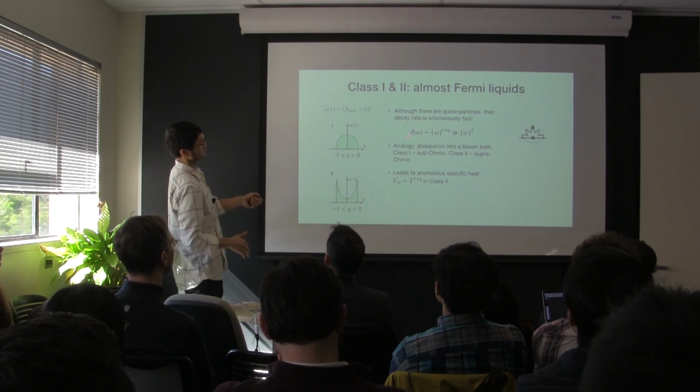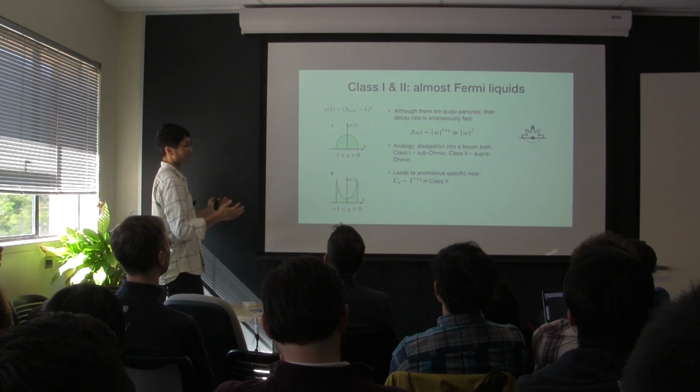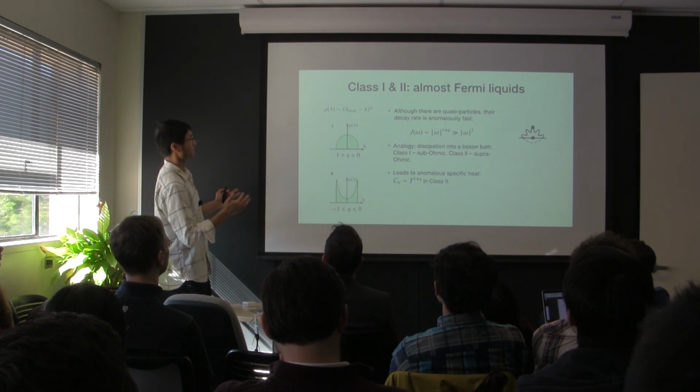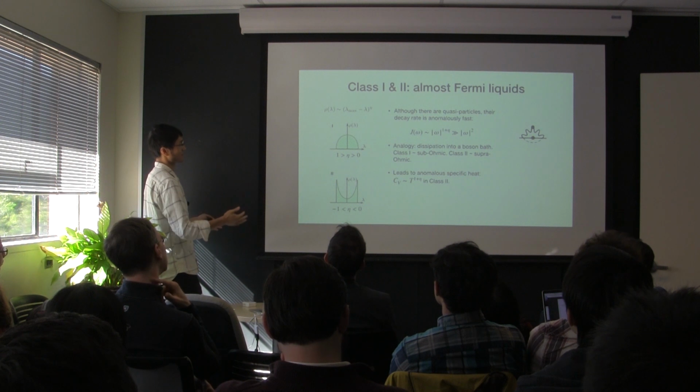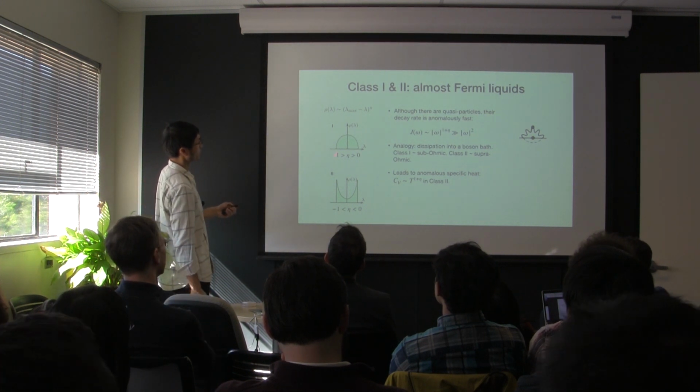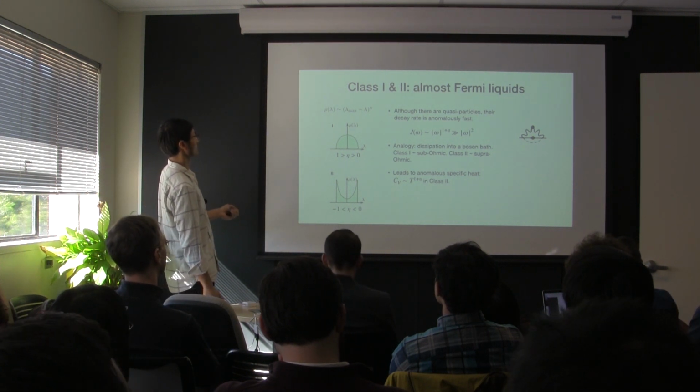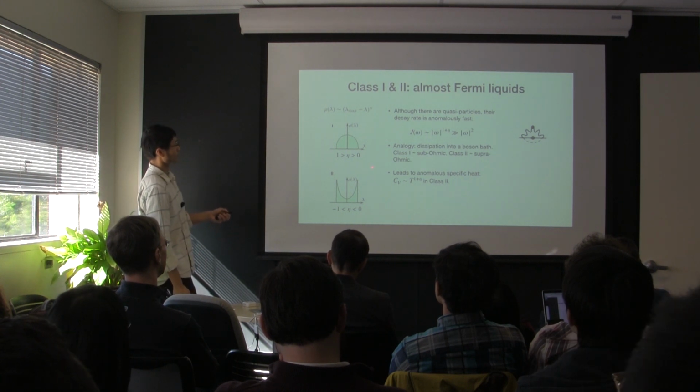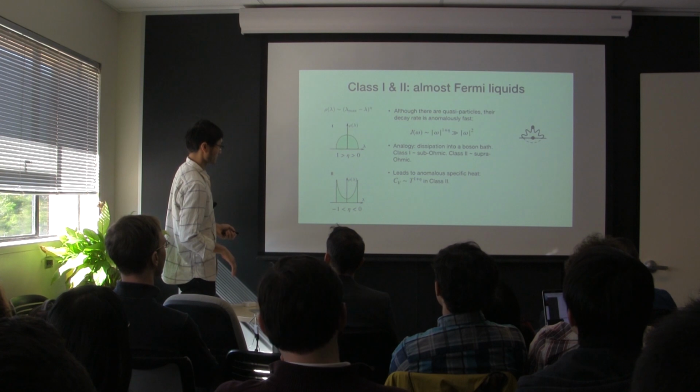So you have an anomalous decay rate, and you can think of it in terms of subohmic dissipation in class 1 and super-ohmic dissipation in class 2, where the density vanishes or diverges respectively.